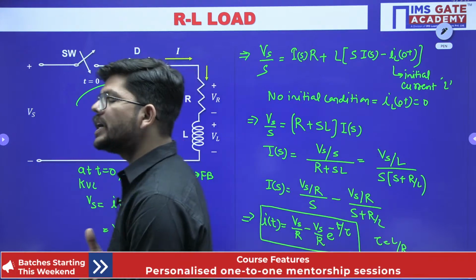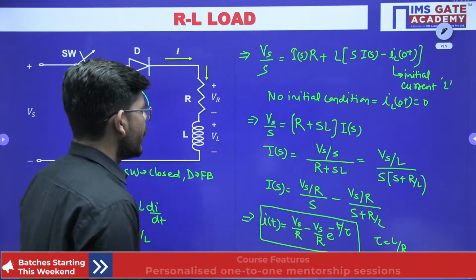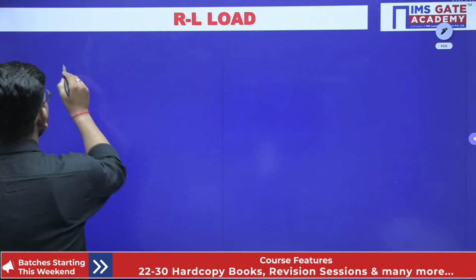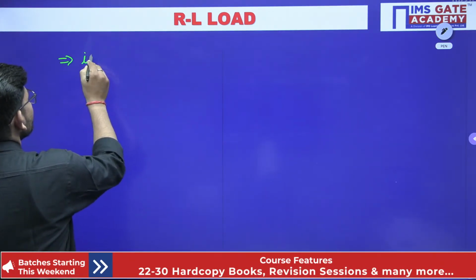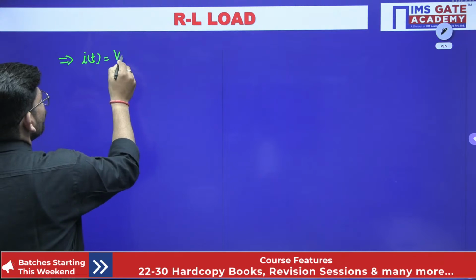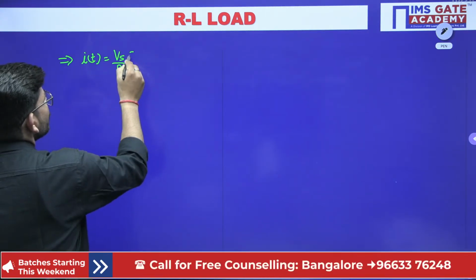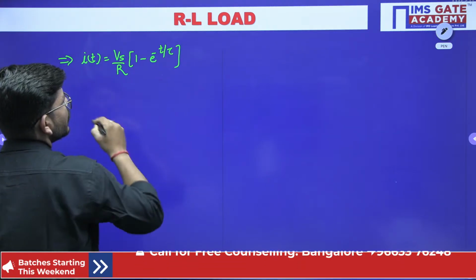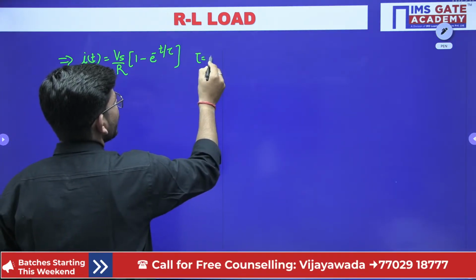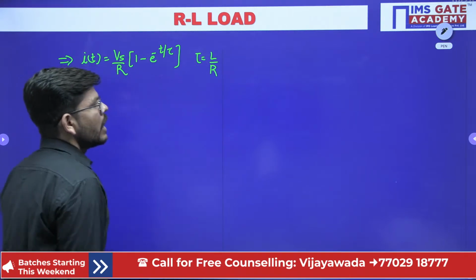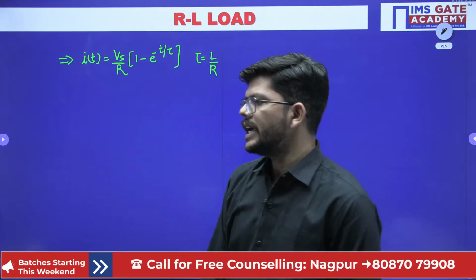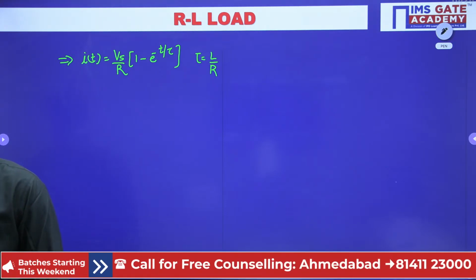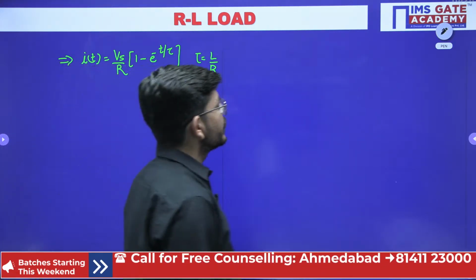So the current expression is i(t) equals Vs over R times 1 minus e to the power minus t over tau, where tau is the time constant having a value L by R.